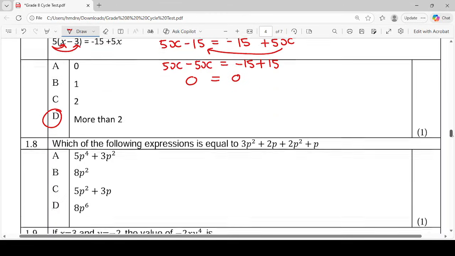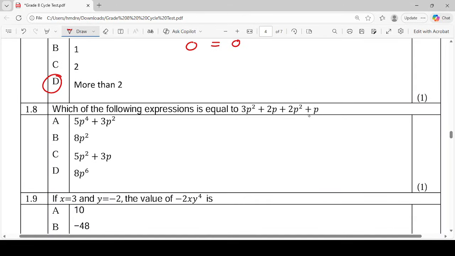1.8, which of the following expressions is equal to this? So let's just simplify this and see if it's equal to any of these expressions. So here they're testing, do we know when we've got to add what we add? So 3p squared, we can add that to this 2p squared, because the squares are the same.